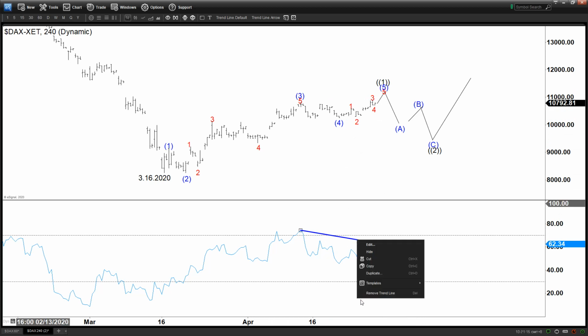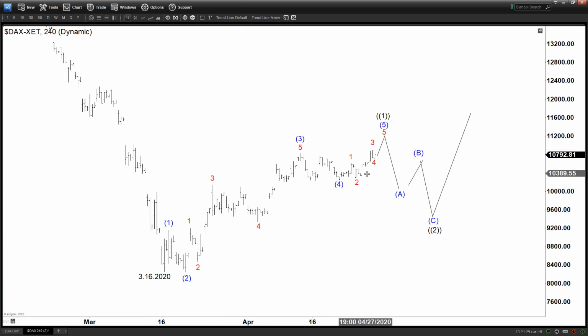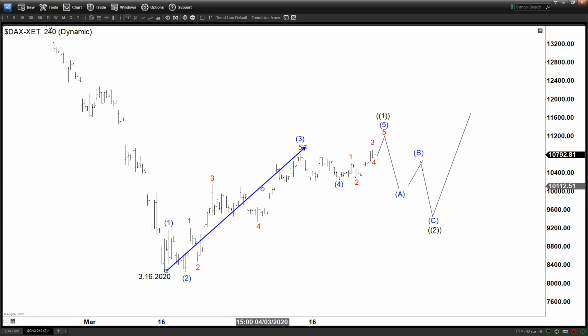But let's say we continue to rally and then suddenly it breaks above this previous peak in the RSI. That could possibly mean something else, and then you have to adjust the count. This could be a 1 and 2, and then we are already in the 3, or this could be your A and B, and we're in the C, or we could be doing something else, right?